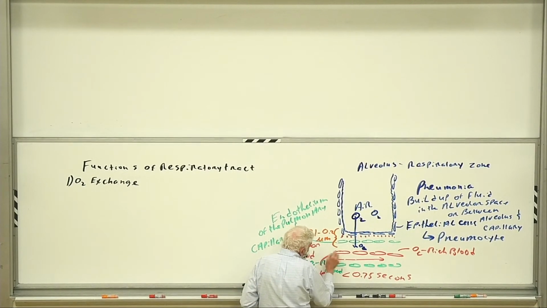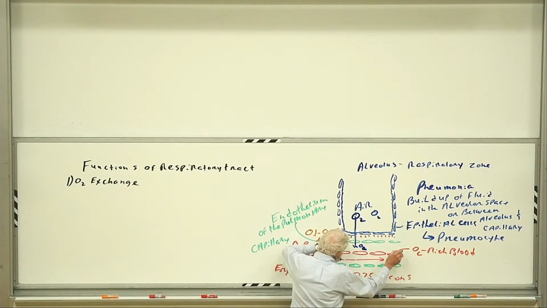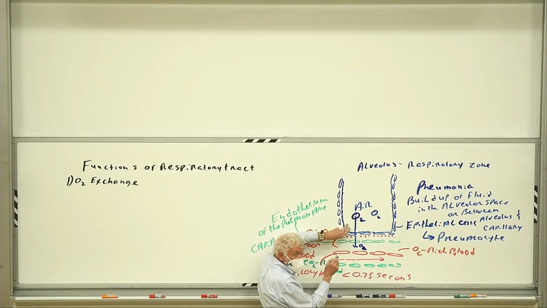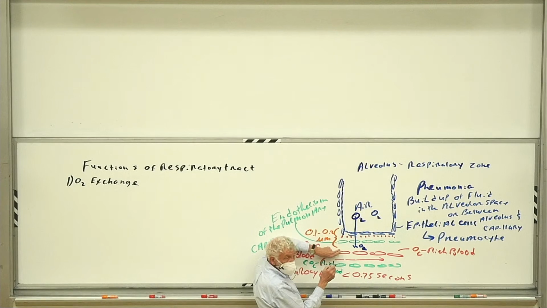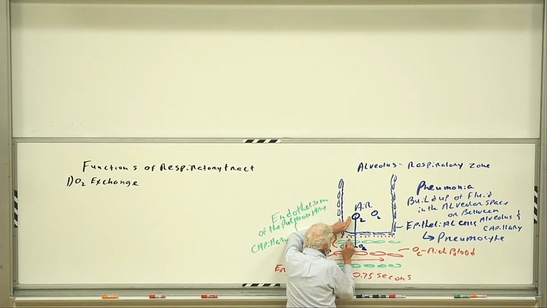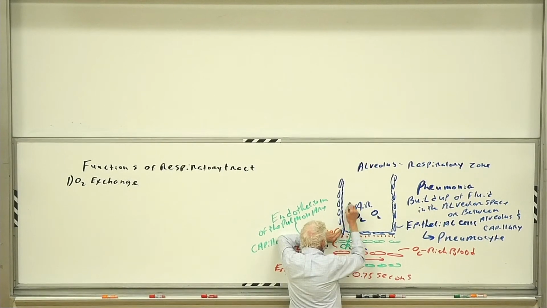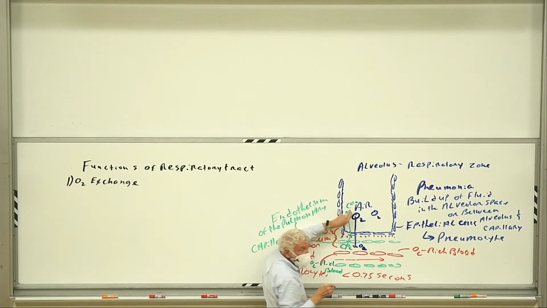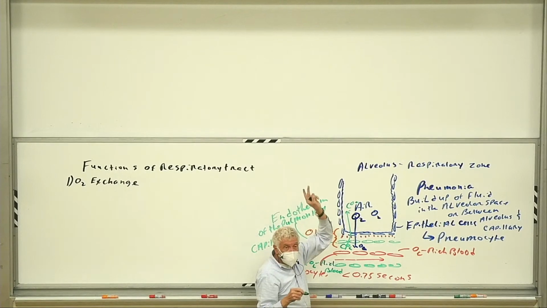So the CO2 rich blood now is passing by the alveolar capillaries. There's now another gradient where carbon dioxide's concentrations are greater in here than they are in the alveolar sac. So CO2 diffuses from the pulmonary capillary across the endothelium, across the extracellular space, across the epithelium, and out into the alveolar sac, and then you breathe it out to the outside world.